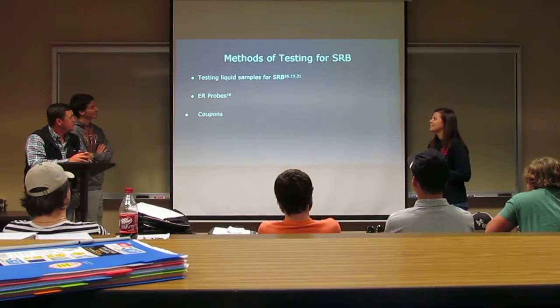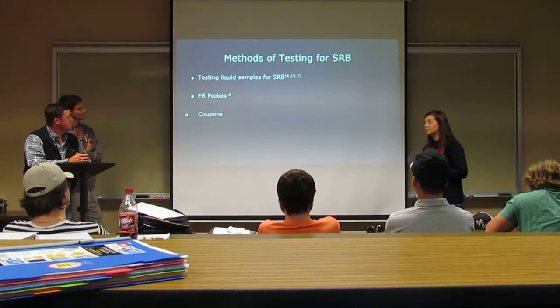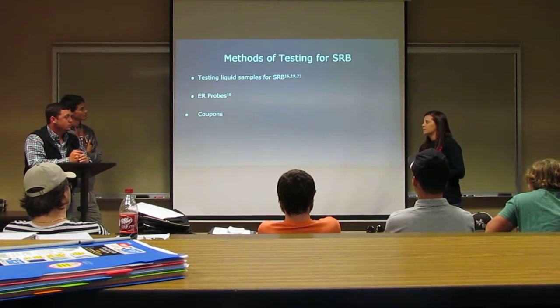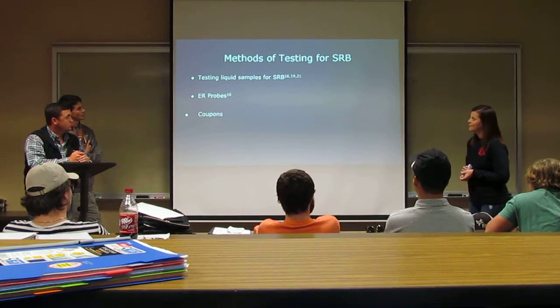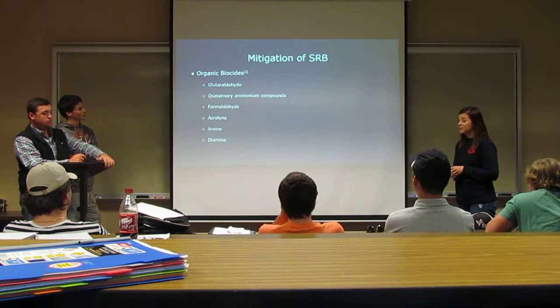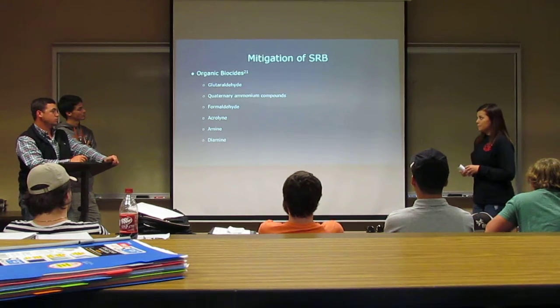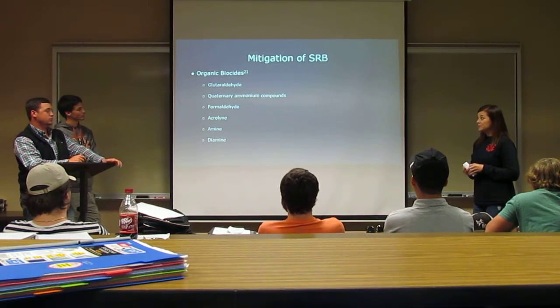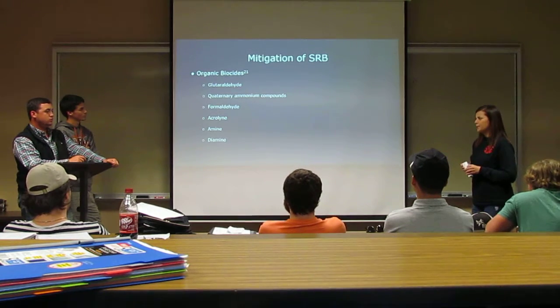Methods for testing: we do liquid samples, LPR probes, and coupons. Coupons are just quite a bit for it. The mitigation of the sulfate-reducing bacteria: you can use organic biocides, and there's a list of them.